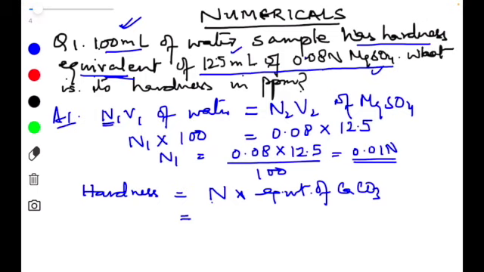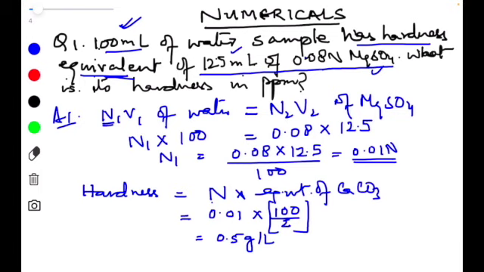Because we know the formula for normality, it takes the equivalent weight of the substance into consideration. So how do we further go? I keep the value of normality of my water sample, that is 0.01, into the equivalent weight of calcium carbonate, which is 100 over 2. So that makes it 50, and my answer comes out to be 0.5 grams per liter.